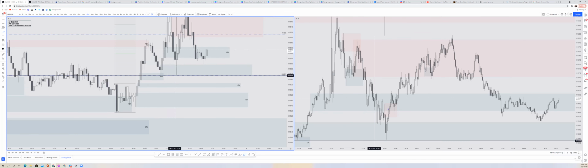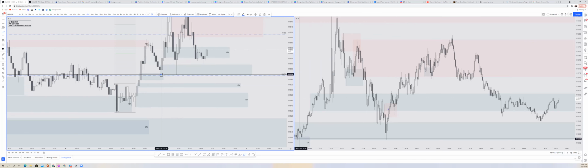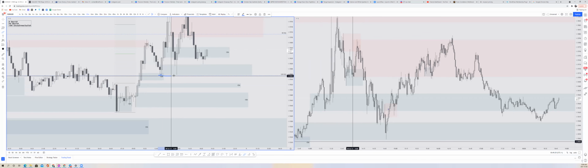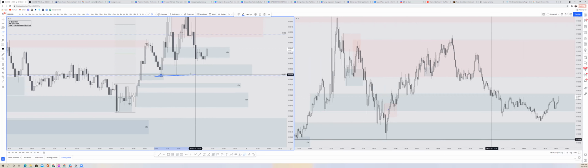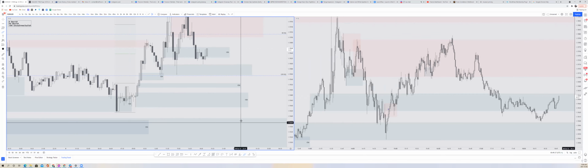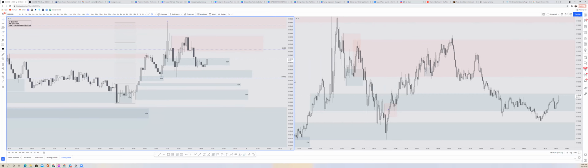And if you notice where this one came down, it swept this wick and created equal lows. So if price was to continue down, these equal lows would become a proper target because there is inducement or liquidity there. But that's all a POI is to me.